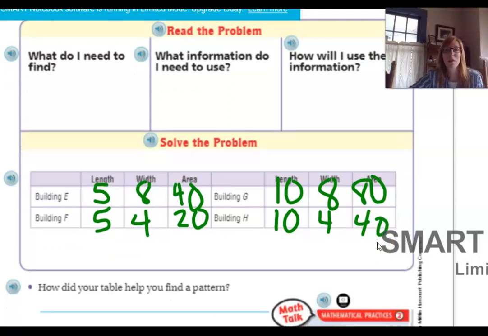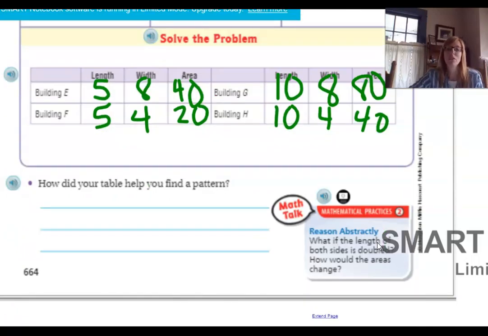You are able to see that if you change the width and you just double it, then the answer is also going to be doubled. So we went from 4 to 8, which went from 20 to 40. We went from 4 to 8, which took us from 40 to 80, which is doubled. All right, we're going to keep on going.